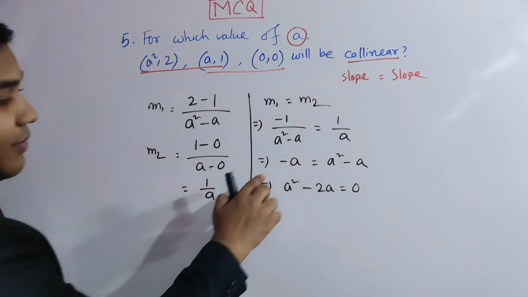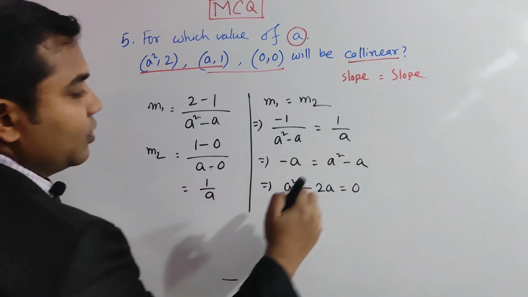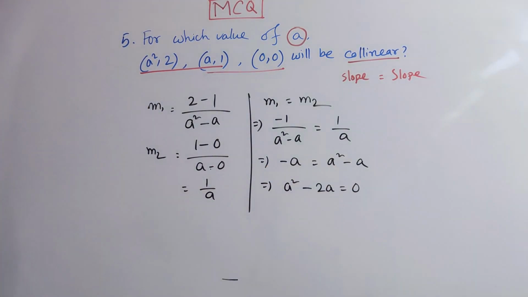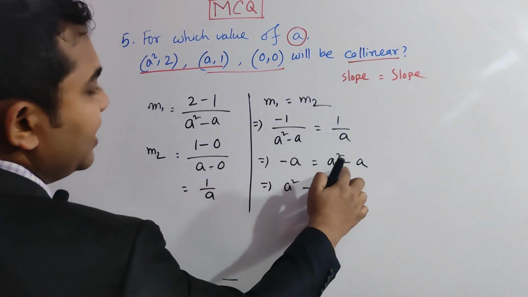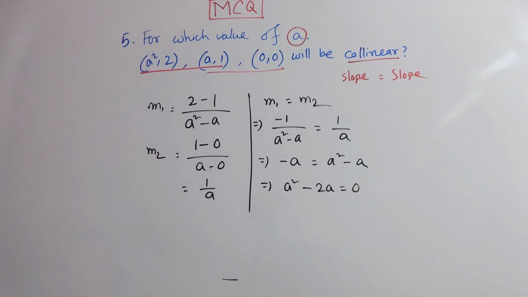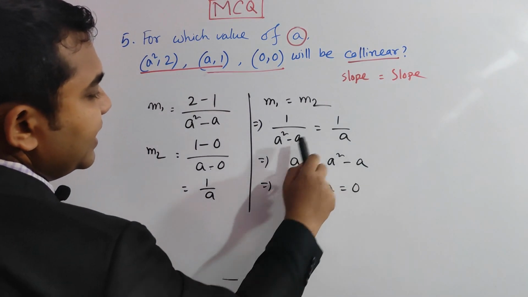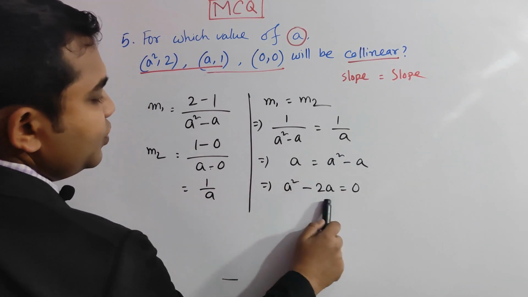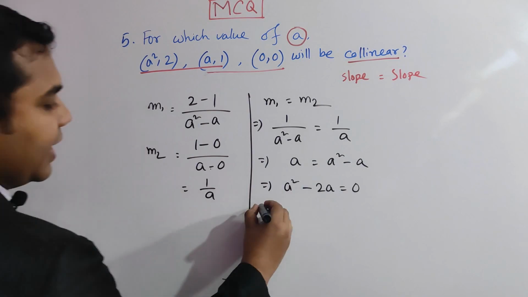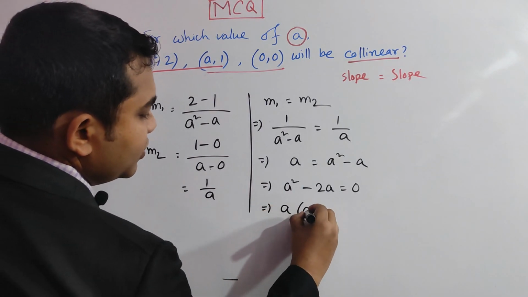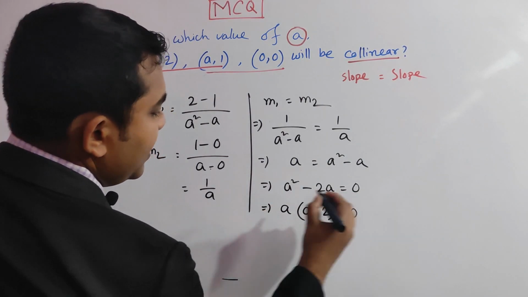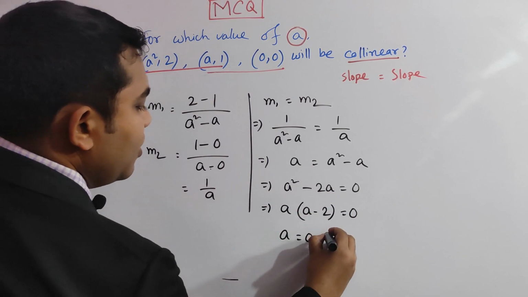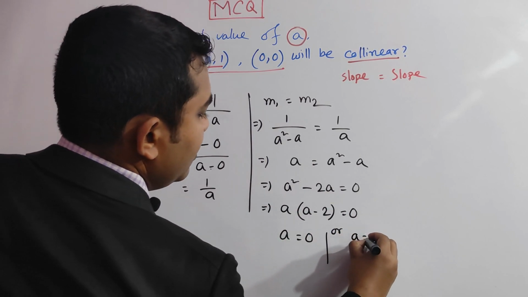How? If a goes that way, then we'll get what? A square minus a, and minus a would be plus a, isn't it? So it should be a square minus a, and a will go on there, so a square minus a and minus a, so a square minus 2a equal to 0, and here we'll take a as common, so a minus 2 equals 0, and from here we can say a equals 0 or a equals 2.